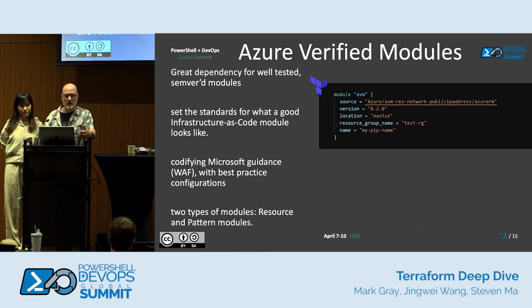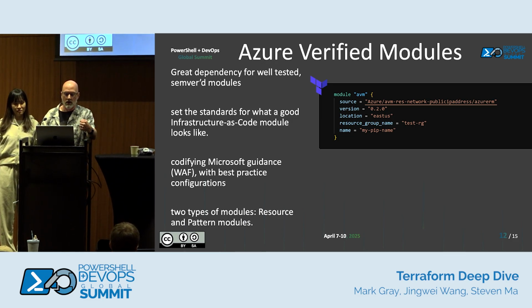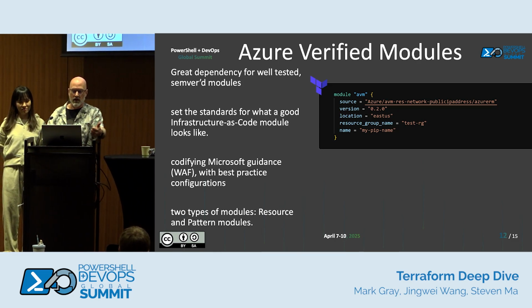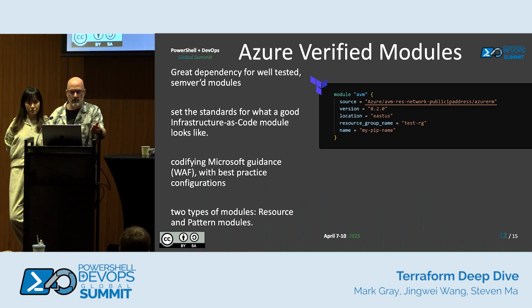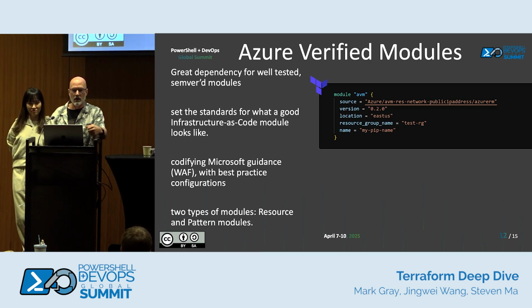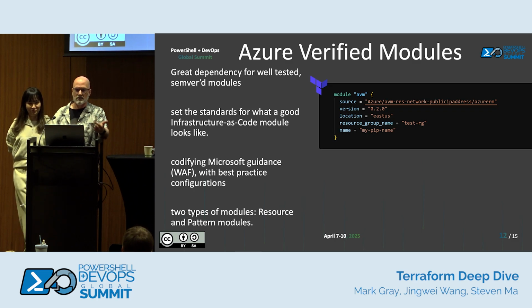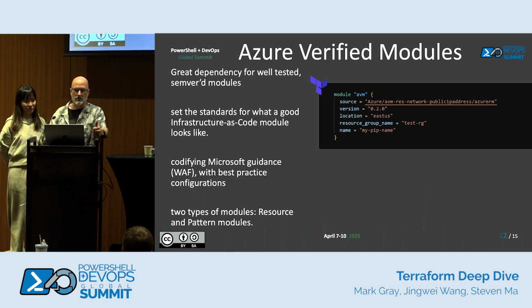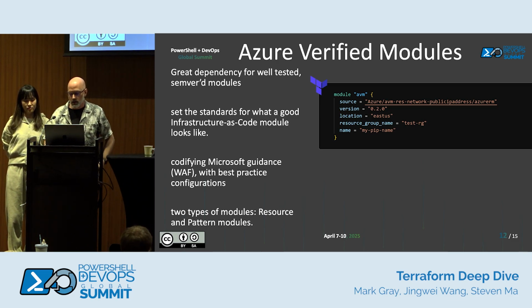We design the modules in a consistent way, aligned with the WAF, essentially the Azure best practices, especially around resilience and security. So you get modules that you can trust, you know that they will be kept up to date, and they will work.